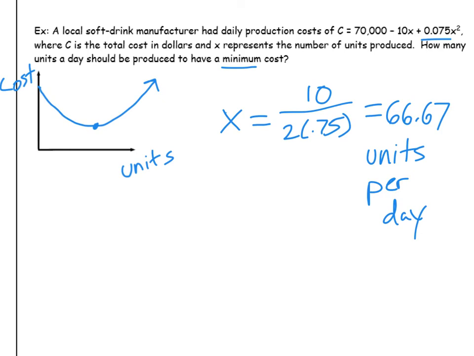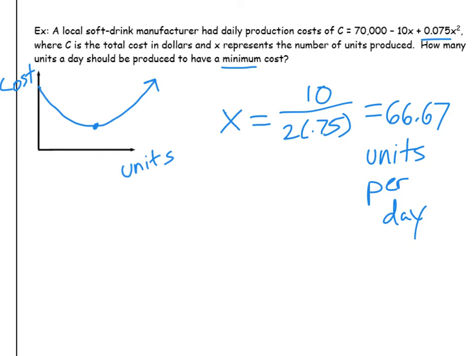Which leads us back to the same point as the last one, where I look back at the problem and the little sketch I made, and I basically just ask myself, am I done? Or do I have to go back and plug this number in? I said, how many units a day should be produced? The x value is units, and when I did negative b over 2a, I have an x value, which is in units per day.